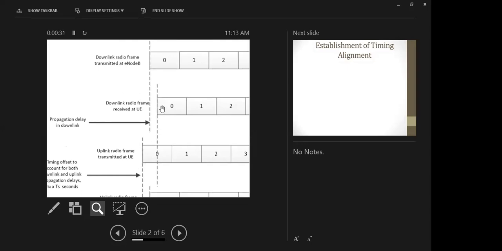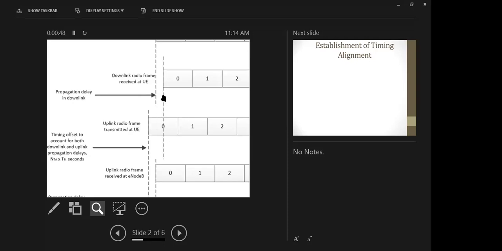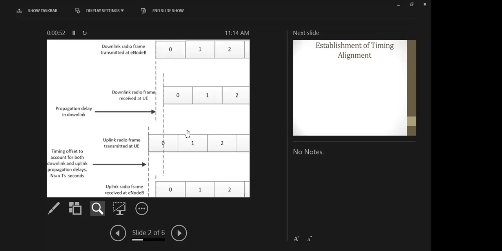The EV knows where the subframes start when it receives, and accordingly it can start its subframe. So the difference between them is the timing offset, and that is actually twice as much as your propagation delay. Propagation delay is your one-way delay, but this one includes a round trip delay in both directions.